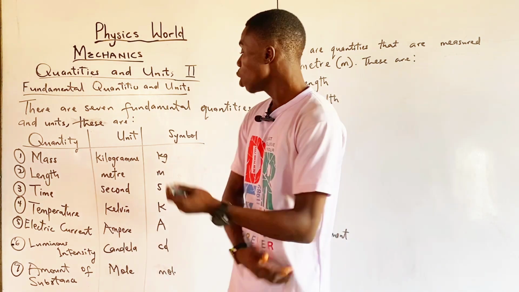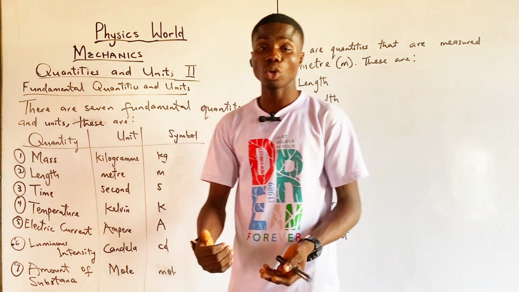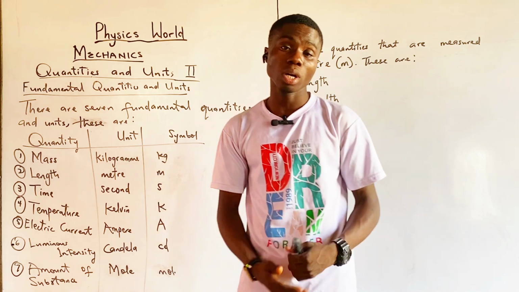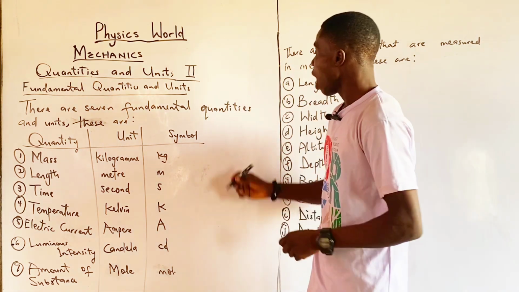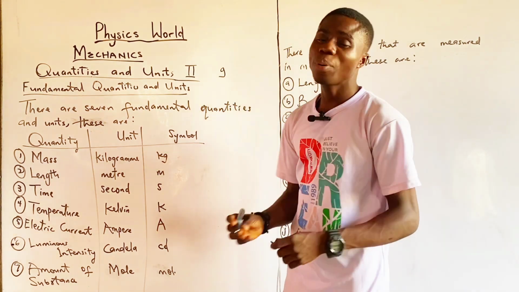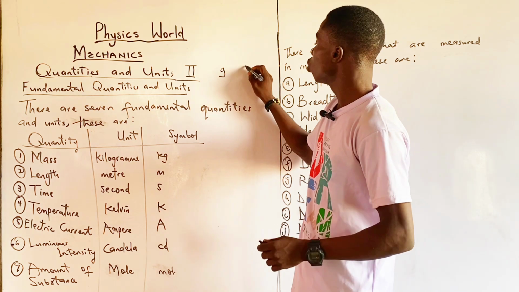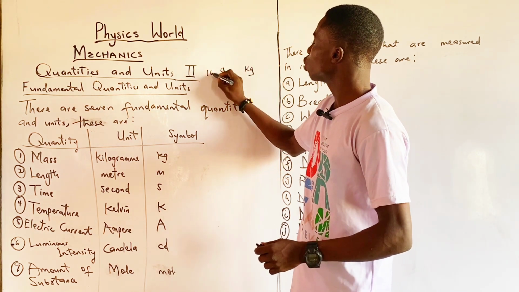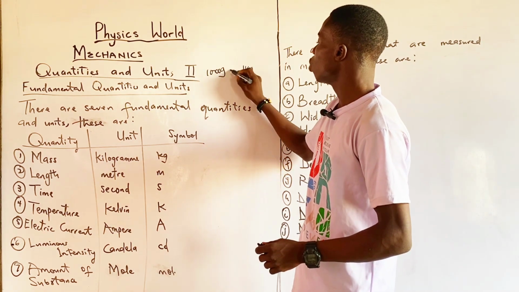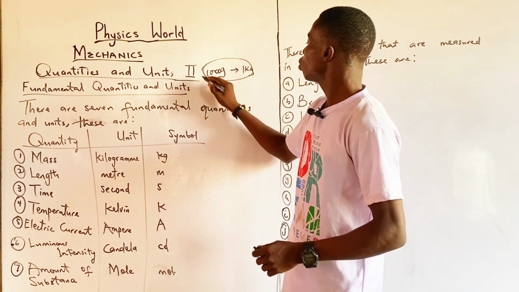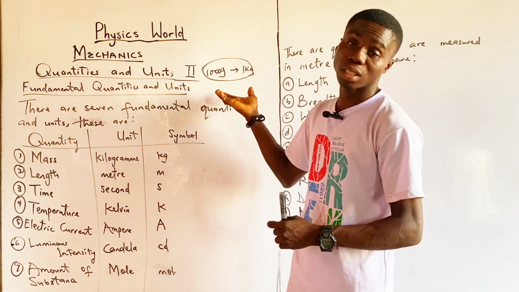So it is measured in kilogram, and if they give you questions and your mass is in gram, please convert it back to kilogram. And you know 1000 gram make 1 kilogram. Note that very well.